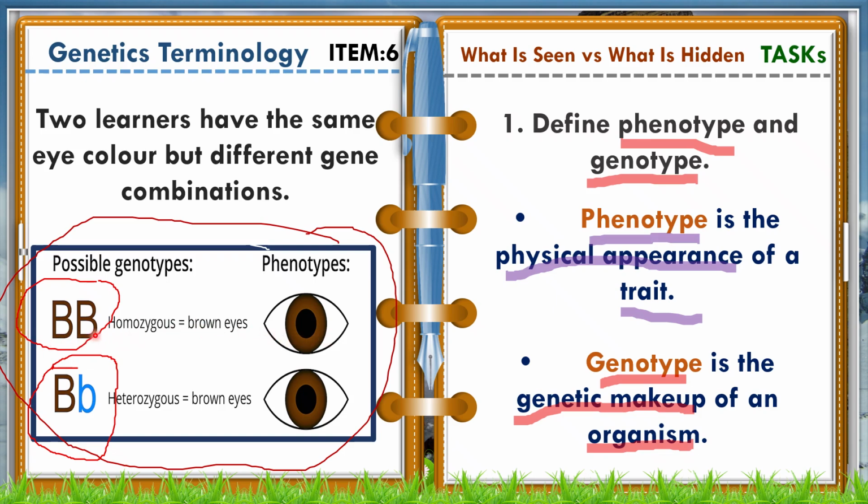So this one, capital B, will determine the phenotype of the eye color to become brown. And capital B, small b, also due to the presence of a dominant allele, can also determine the phenotype of the eye color to be brown. So a genotype is just the genetic makeup of an organism.